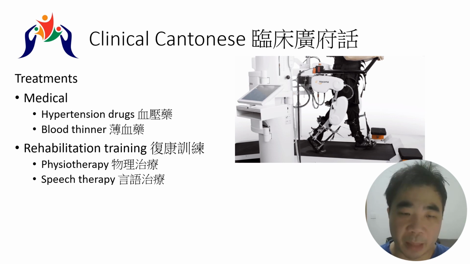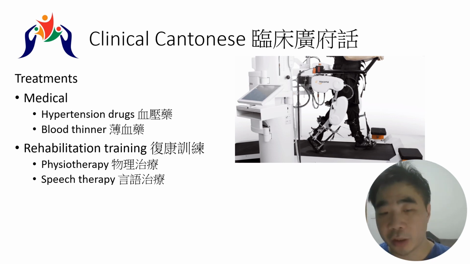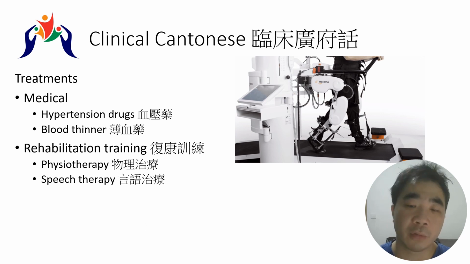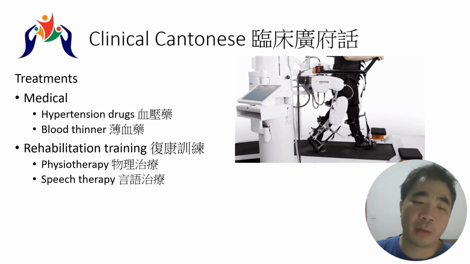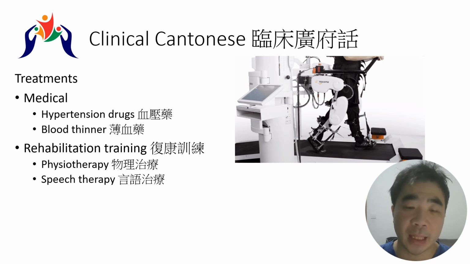The two main types of rehabilitation for strokes, including my profession, physiotherapy, to teach the patient how to walk, how to regain the mobility. Physiotherapy, 物理治療. Another type of professional treatment is speech therapy, which helps the patient to recover the ability of speaking and swallowing.